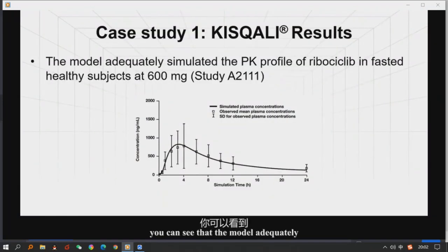From this figure here, you can see that the model adequately simulated the PK profile of the compound in fasted, healthy subjects following a dose of 600 mg. We have the simulated plasma concentrations with the solid line, and we have the observed data represented by squares.